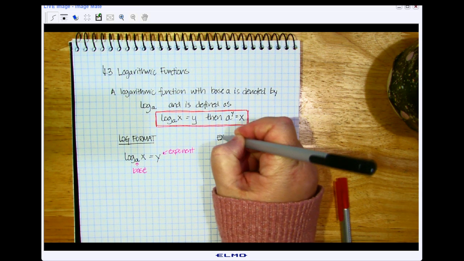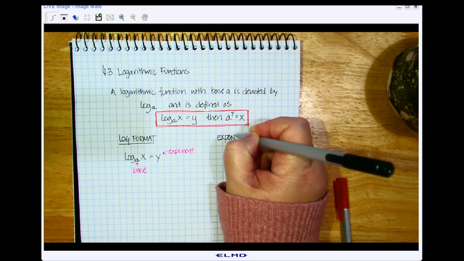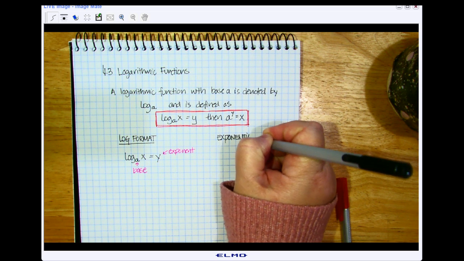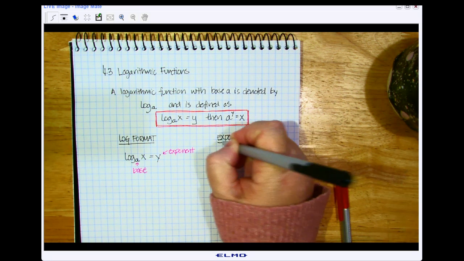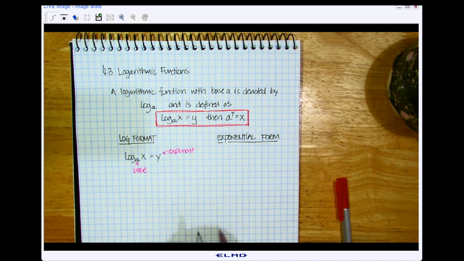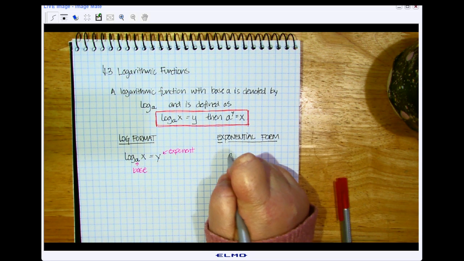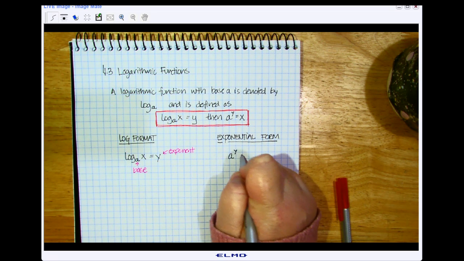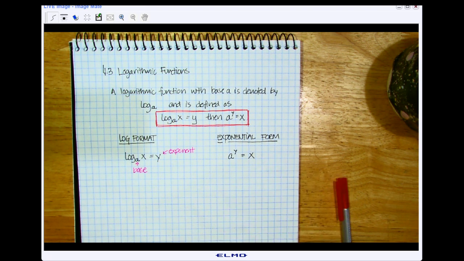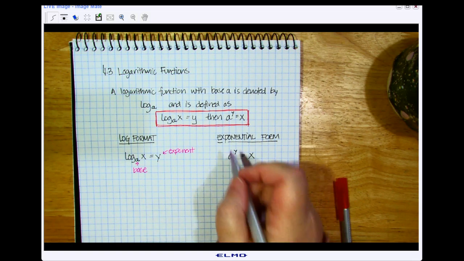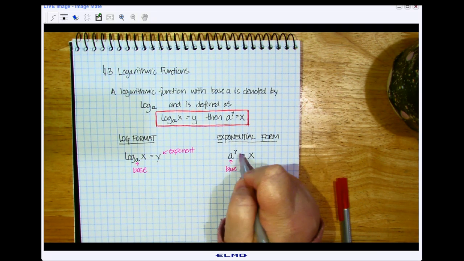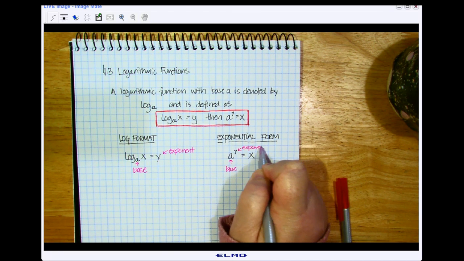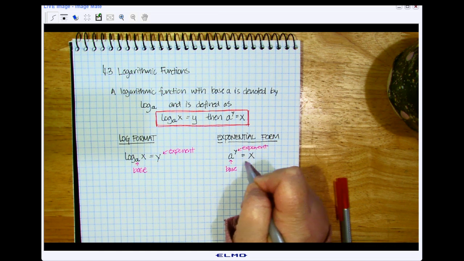In exponential form, this would look like A to the y is equal to x. Notice again, A is our base and y is our exponent. X is the answer.